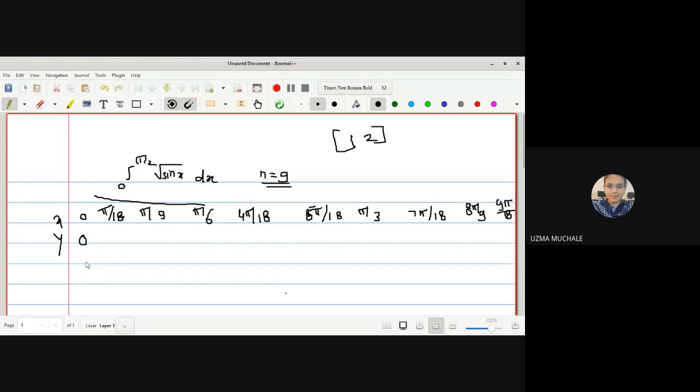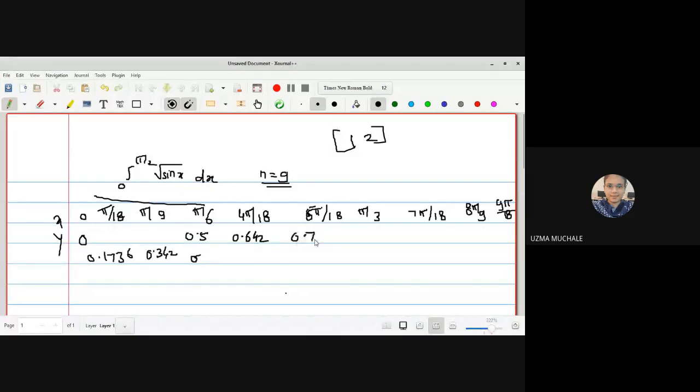Now you have to write down the corresponding values. Let me write down here: 0.1736. Next is 0.342. Then 0.5, 0.642.